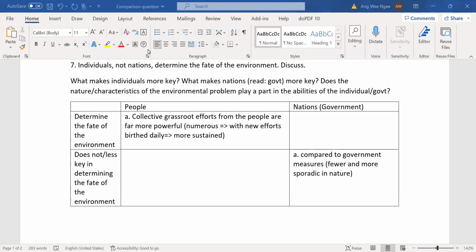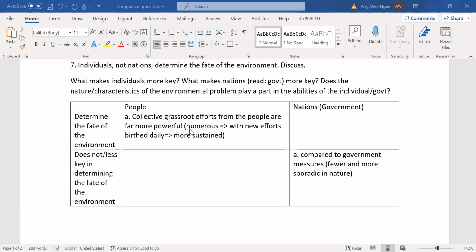I use this framework. I thought that it really helped me organize my comparison effectively. So within one paragraph, A and A belong to one topic sentence. Okay. So if you think about people, I ask myself, how do people determine the fate of the environment? So I can argue that collective efforts, right, from the grassroots, are far more powerful.